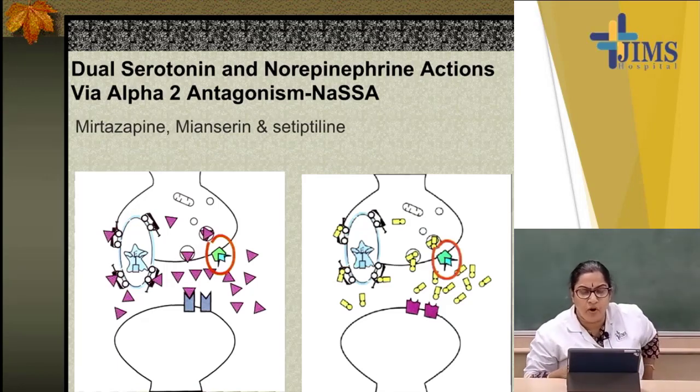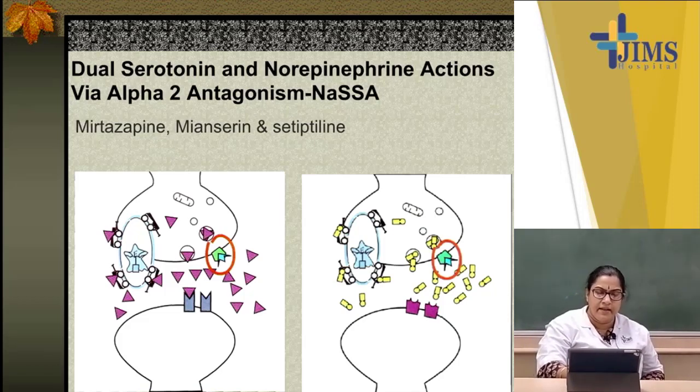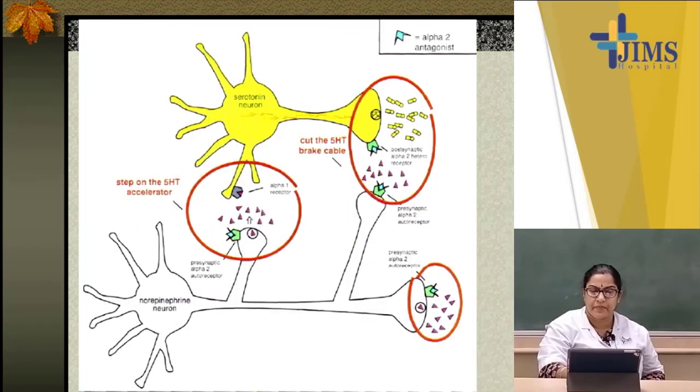So dual serotonin norepinephrine action is via alpha 2 antagonism. Here are the autoreceptors, that is the presynaptic receptors. Due to the blocking, there will be more availability of serotonin and norepinephrine. These are the main receptors, the 5-hydroxytryptamine receptors. Now again we can see this alpha 2 antagonist is blocking on the presynaptic membrane these alpha 1 receptors.